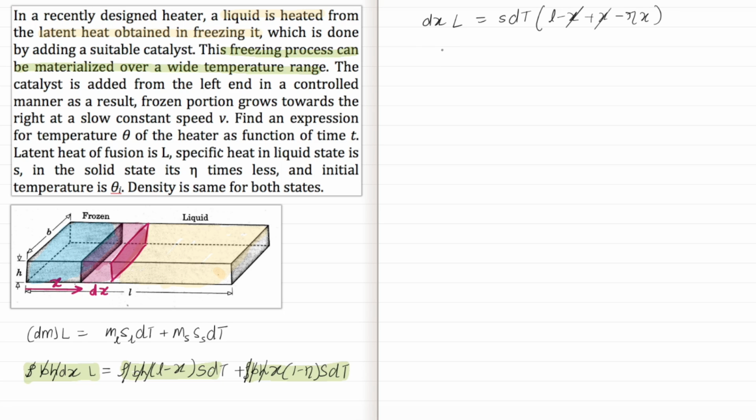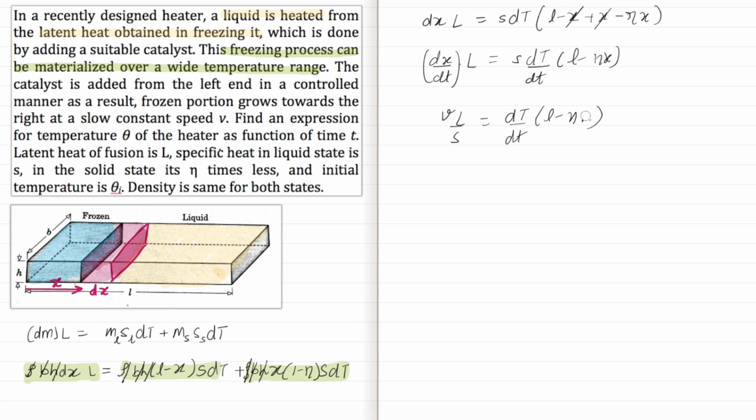Now if we divide this equation by dt, we will have dx by dt into L is equal to S dT by dt, where this is the time, into L minus eta x. Dx by dt is the rate at which the length of the frozen part is changing, which is given as velocity v, which is constant. So dx by dt can be written as v. So vL by S is equal to dT by dt into L minus eta x.